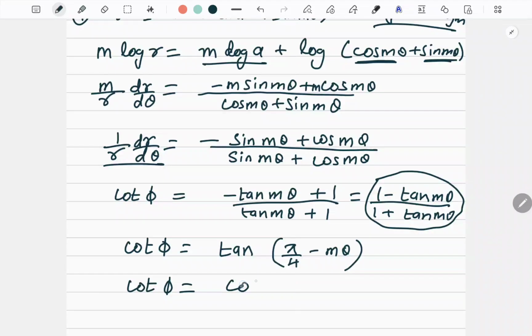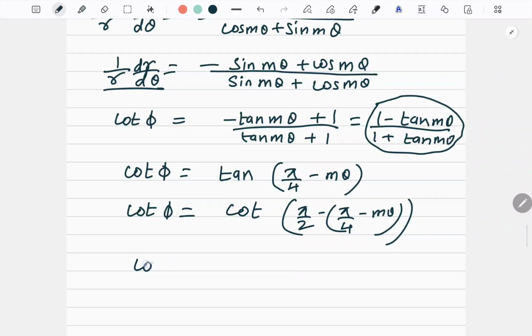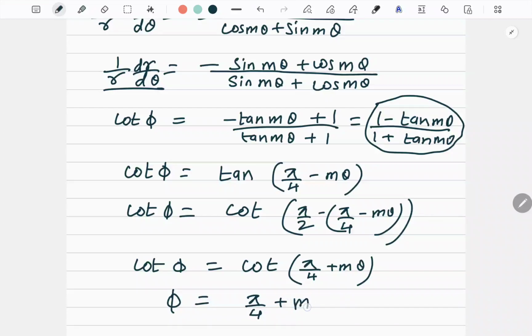So I can write cot of (pi by 2 minus (pi by 4 minus m theta)). Don't forget to put the bracket. Cot phi is equal to cot of (pi by 4 plus m theta). So what is my answer? Phi is equal to pi by 4 plus m theta. Simple. So this becomes my answer.